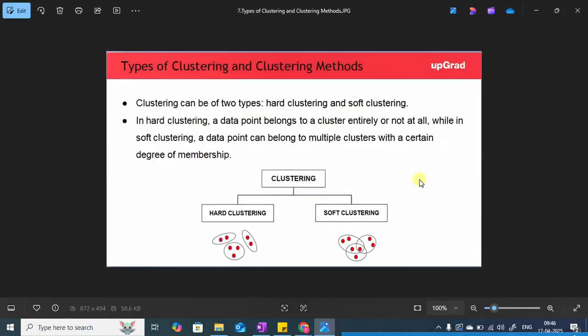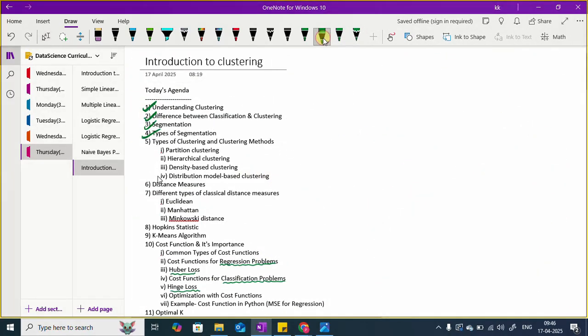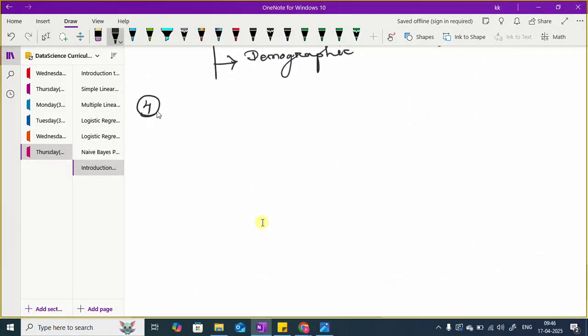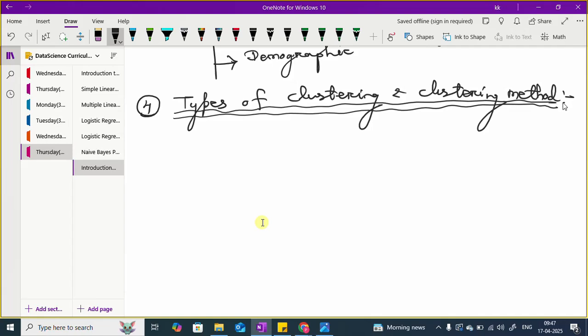Now, let's talk about types of clustering and clustering methods.